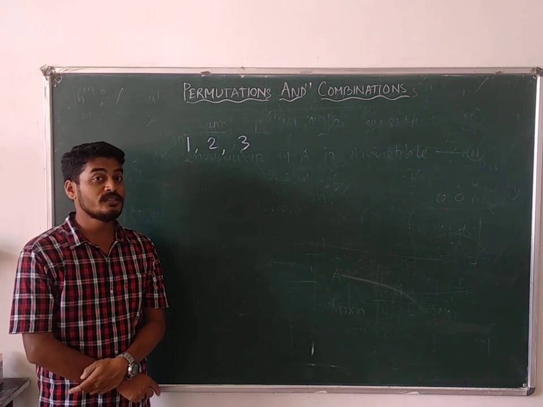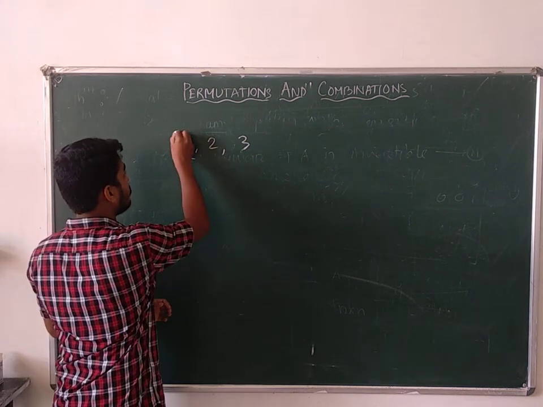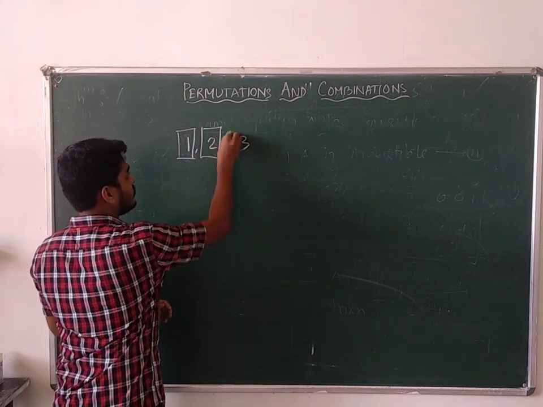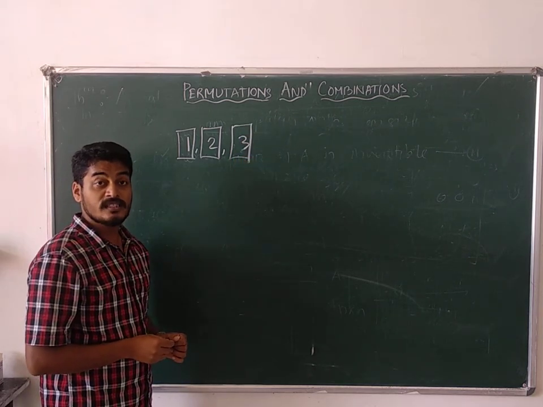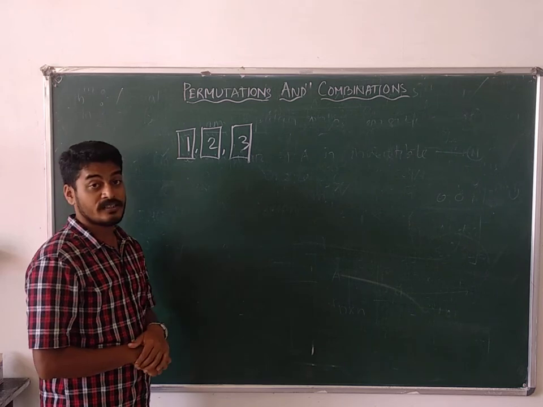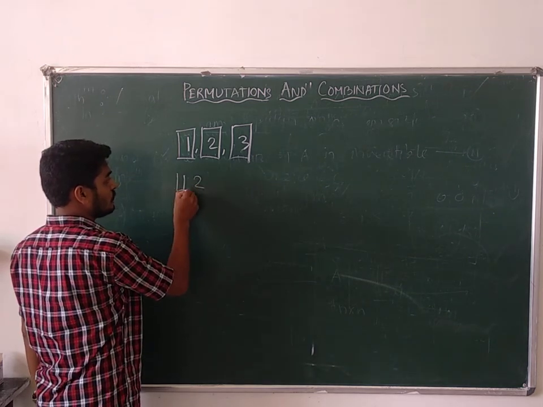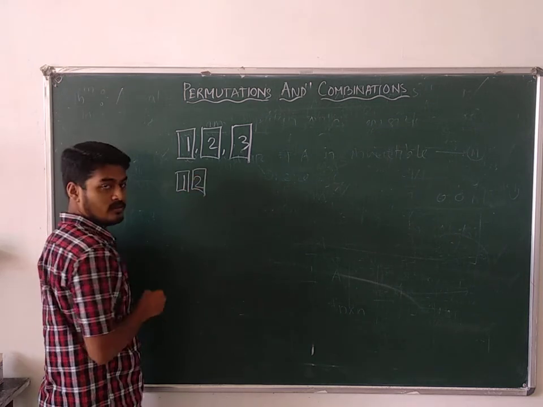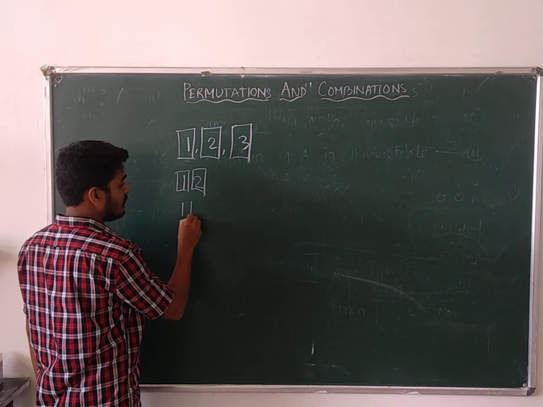How many 2 digit different numbers can be formed? Suppose you can think about 3 different cards are there. How many 2 digit numbers can be formed using 3 cards? Then obviously we will think about 1, 2, the 2 digit number 12. Then you can think about 1, 3. Am I correct?